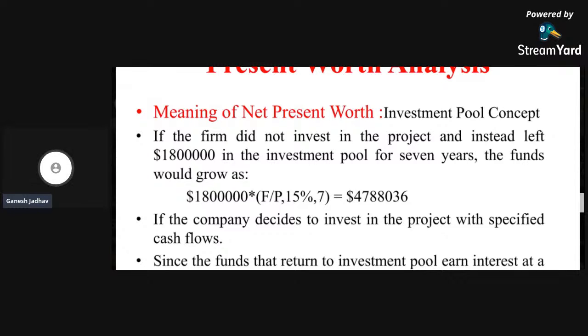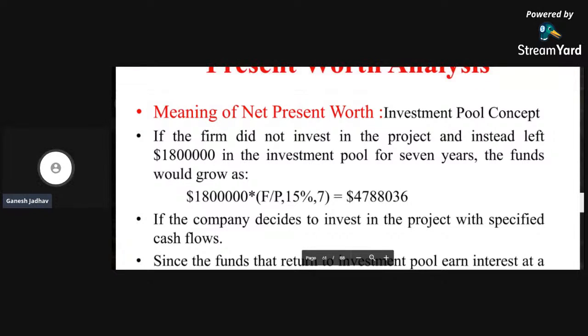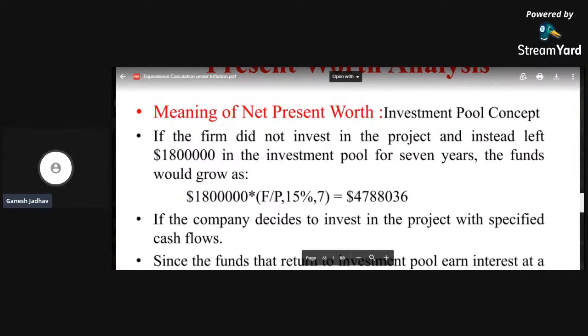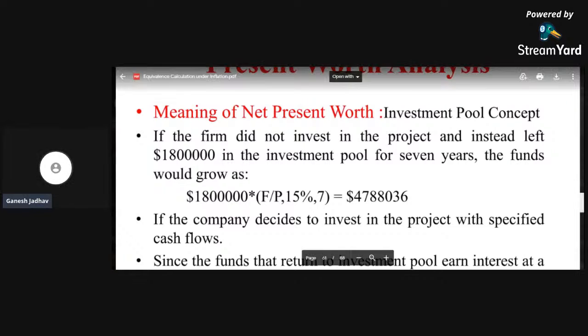Here is another investment pool concept, okay. So this is the example. We can also calculate whether it happens or not. Here is the value of the future, so this is the future worth factor now.